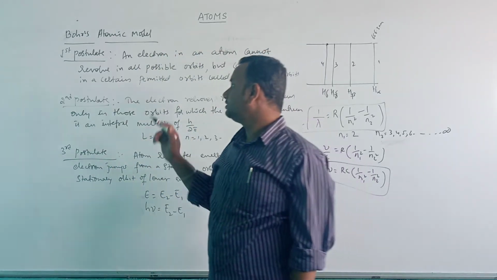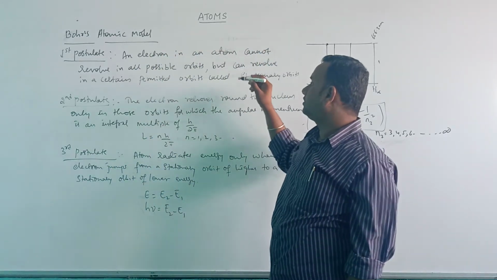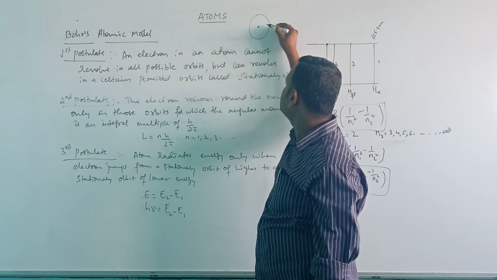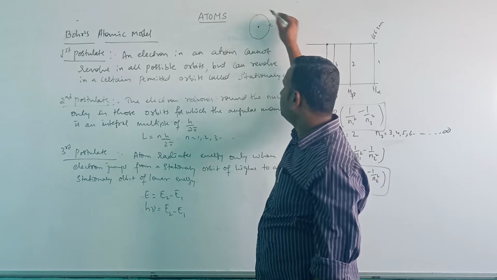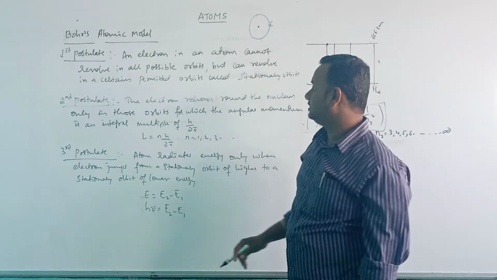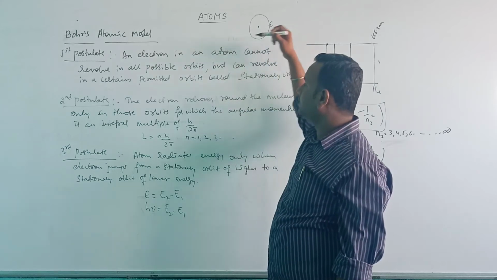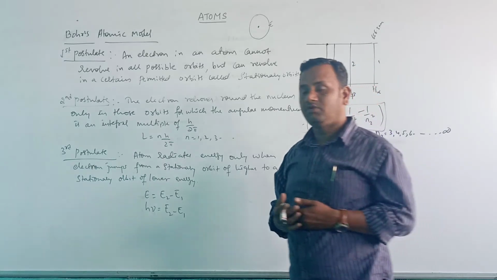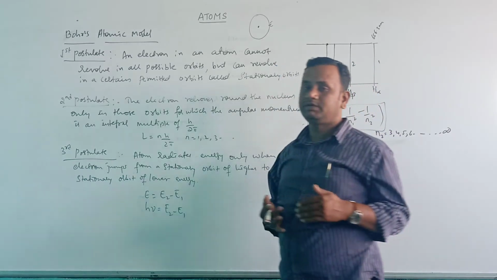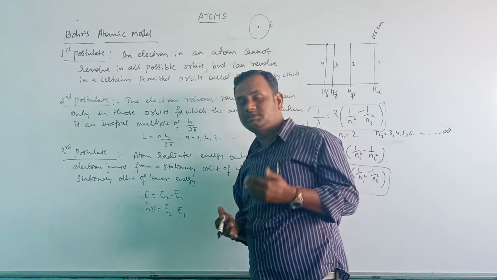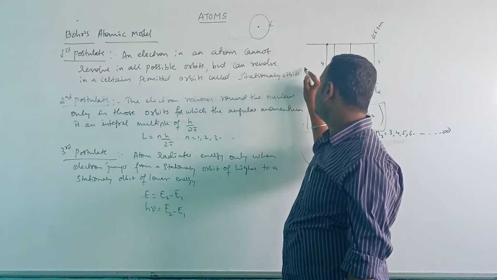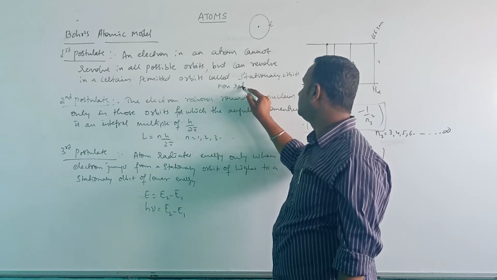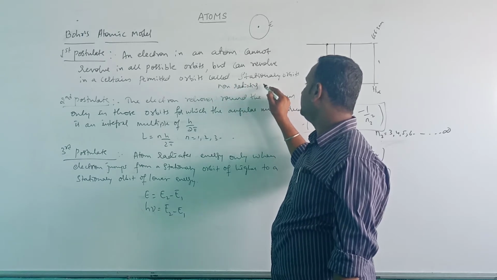Say this is an atom, where there is a nucleus and the electron is revolving around the nucleus. An electron in an atom cannot revolve in all possible orbits, but it can revolve in certain permitted orbits. Those orbits are called stationary orbits, or you can also call them non-radiating orbits.